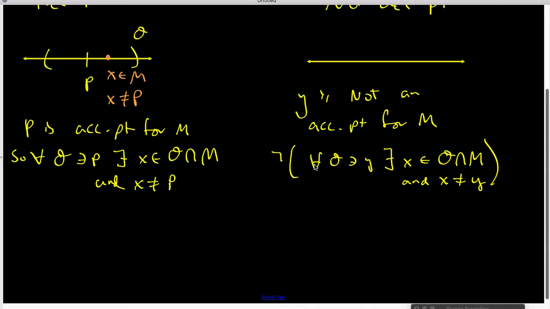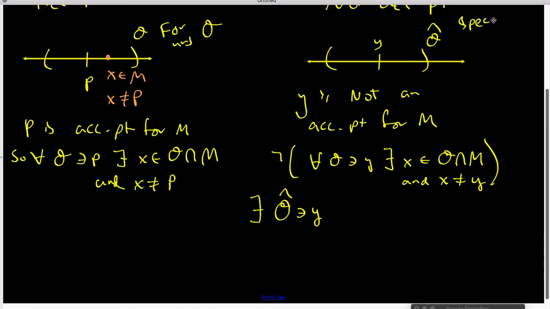So the negation of a for all statement is a there exists. So we are looking for a specific open interval that contains Y. So here is Y, and here is my magic open interval. I'm going to denote this guy as O hat. So this picture is for any O, and this is for a specific O hat.